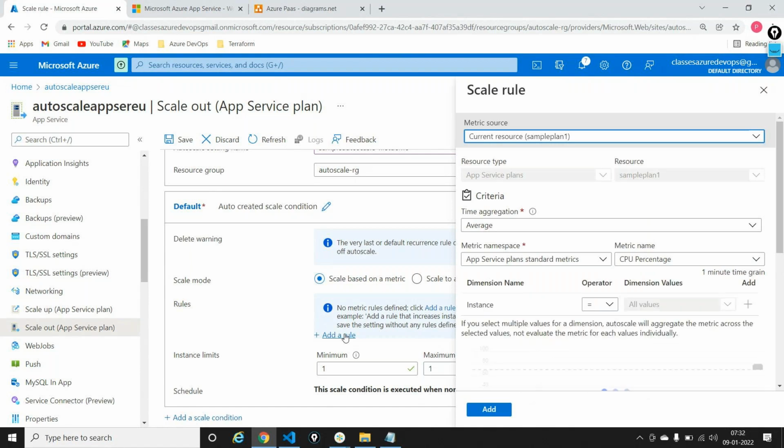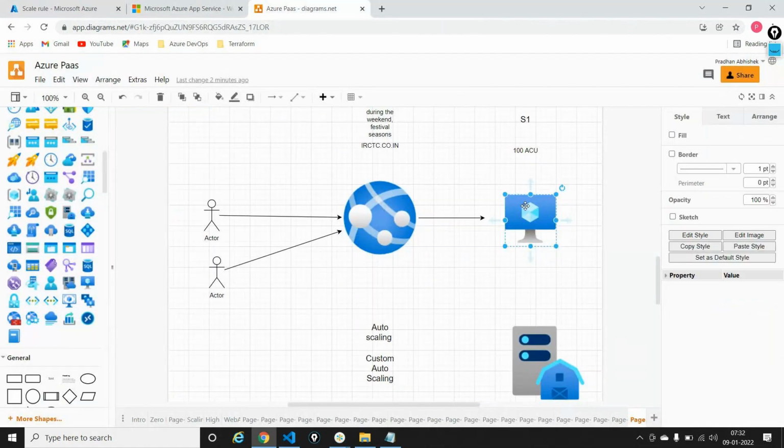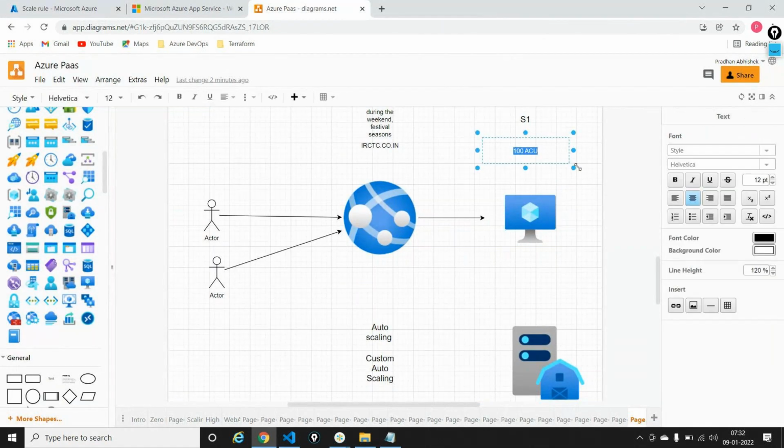I am saying, please scale my application up if, let's say, the average CPU consumption, meaning you have a virtual machine running in the backend. This virtual machine has a CPU, and I'm calling the CPU 100 ACUs. Let's imagine that this is a CPU.